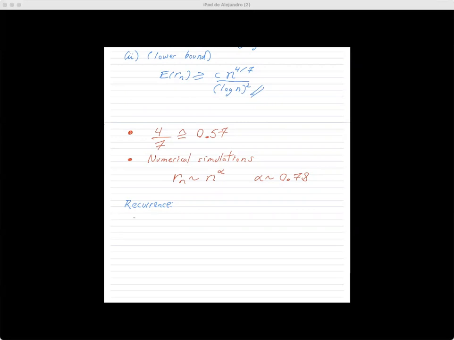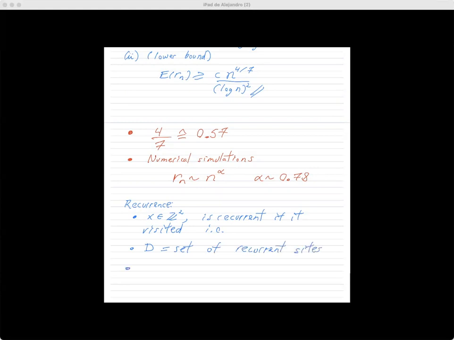So let me write this maybe. This kind of definition you could guess, but I will say a site is recurrent if it is visited infinitely often, and let's call D the set of recurrent sites.